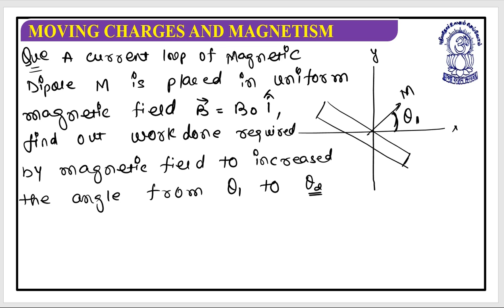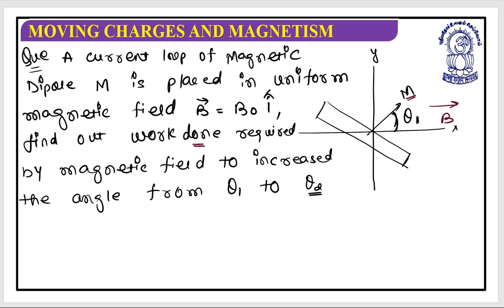So how will you do this? This is the direction of magnetic field. This has been given. This is the magnetic moment, and as it is a current carrying loop, current must be flowing through it, and M is given, B is given. Even they have mentioned that the angle between these two is theta 1.